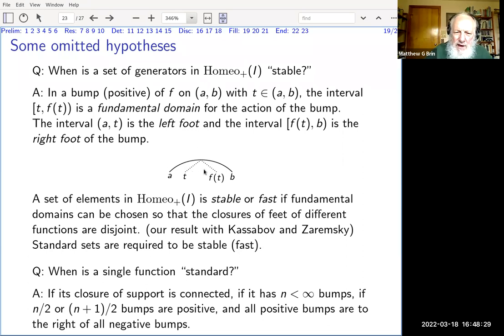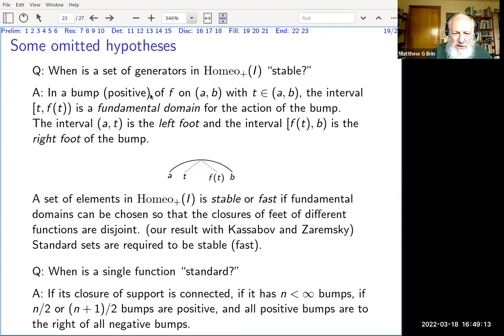And here, if you have a whole bunch of feet of other functions in this fundamental domain, which is where they have to be if they're going to intersect the support at all, because they're not supposed to be touching the feet of this function, then when you conjugate, those feet will get translated into copies of this fundamental domain in either the right foot or the left foot, which means they're not stepping on each other, but of course they're stepping on the feet of this particular function. But in the stripping operation, you throw away the top element, and that solves that problem. The feet are still disjoint.